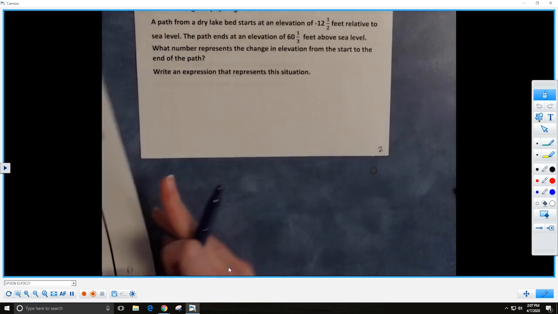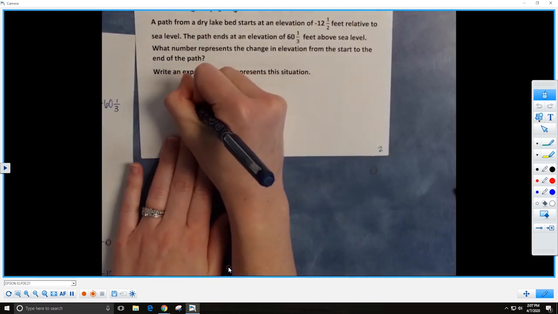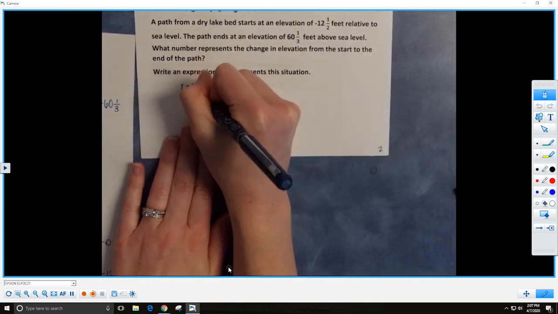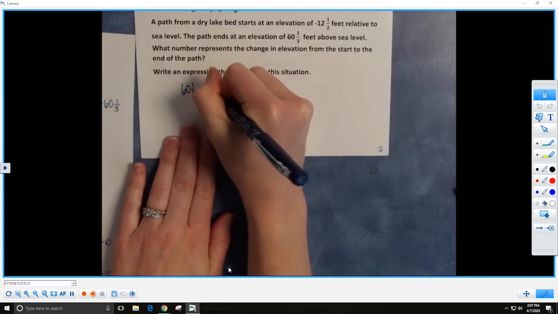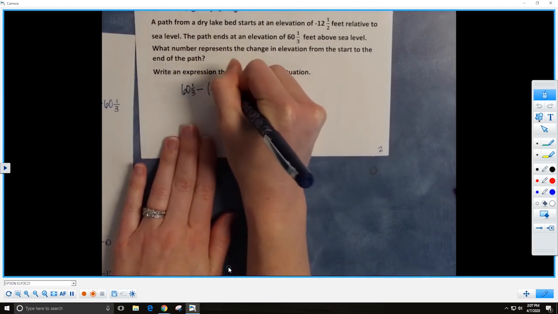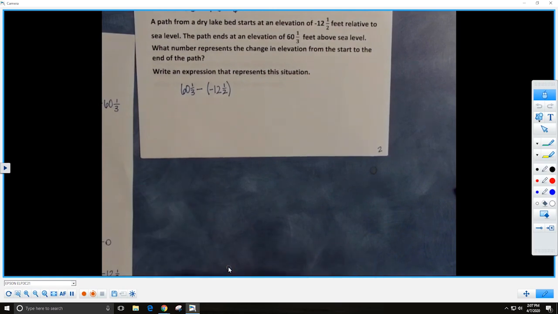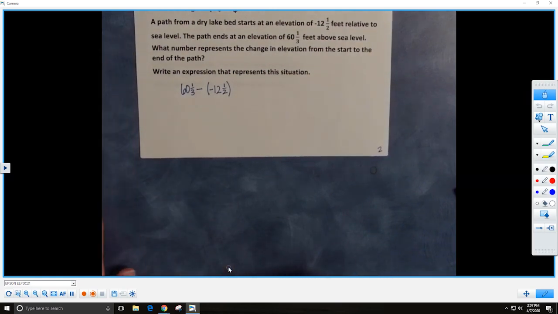Okay, did you get 60 1/3 minus negative 12 1/2 to find the difference in these two elevations? Great. So now I'm going to let you finish this one up, and then we will check our answers to see what the change of elevation is. I'm going to pause now so that you can finish solving this.